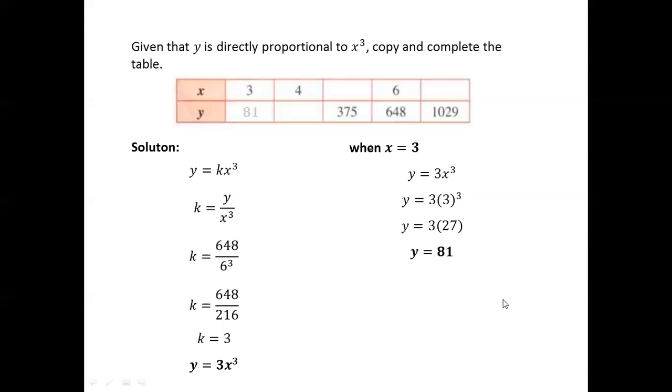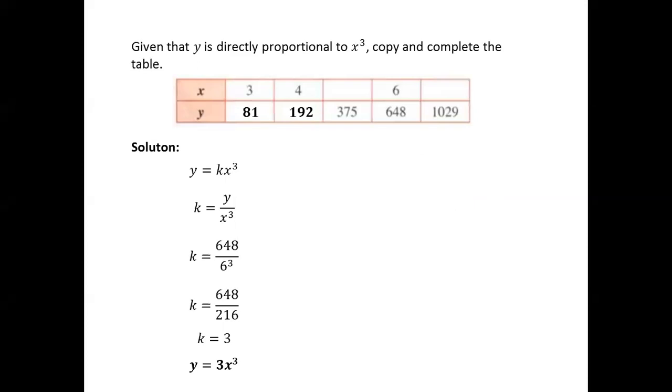When x is equal to 3, y is equal to 81. Next, when x is equal to 4, again, we use the equation for this scenario. We substitute 4 to x. 4 cubed is 64. 64 multiplied by 3 is 192.